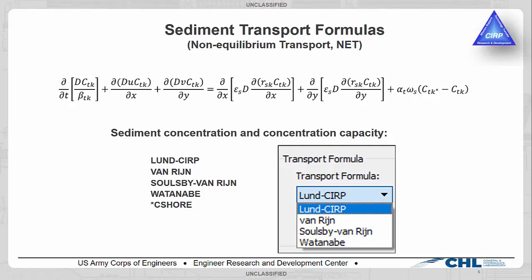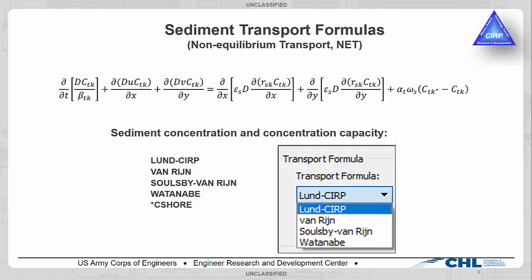In the CMS interface you currently see four options: Lund-CIRP, Van Rijn, Soulsby-Van Rijn, and also Watanabe. Lately we are adding another model we call C-Shore or C2-Shore, developed here by Brad Johnson.